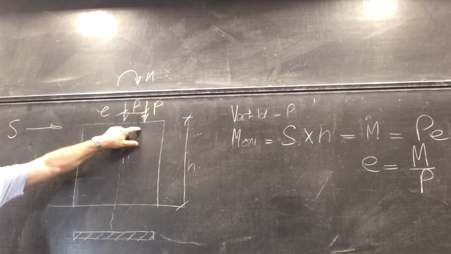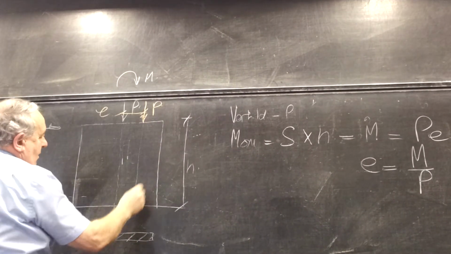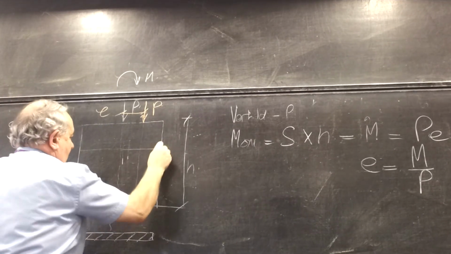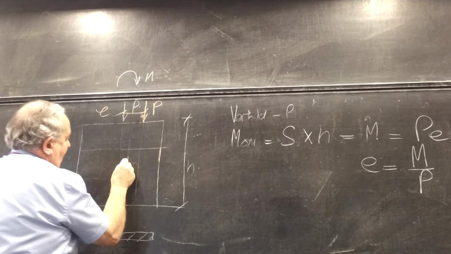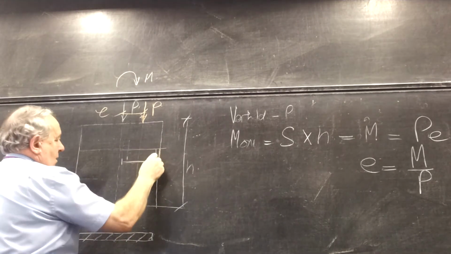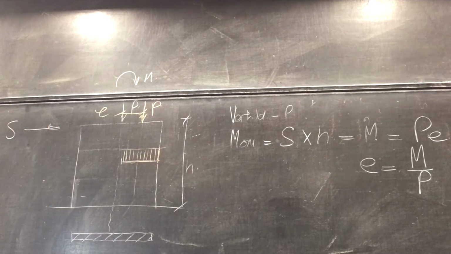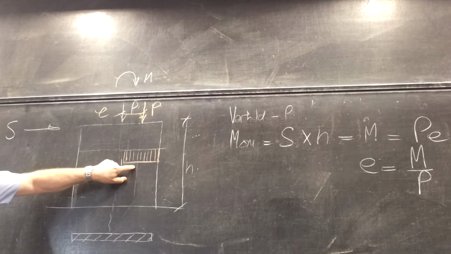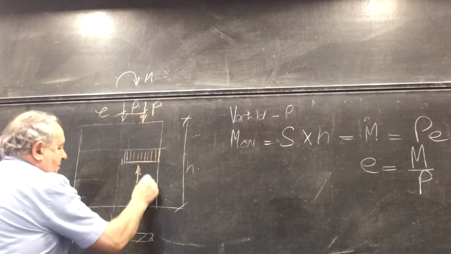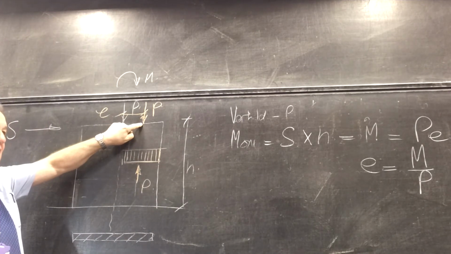Now if we're going to balance that with a rectangular stress block, then we're going to have something that looks like that, where the center of this stress block has got to be equal to P and it's got to line up with that there.